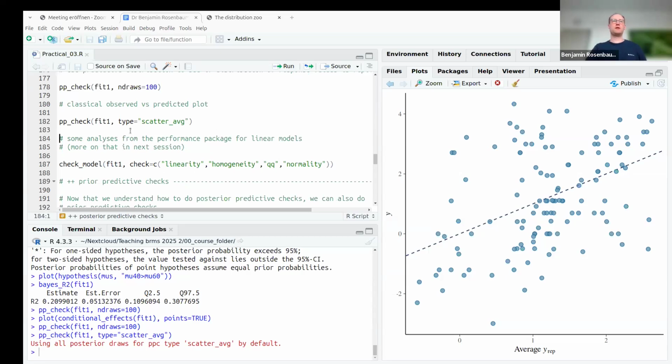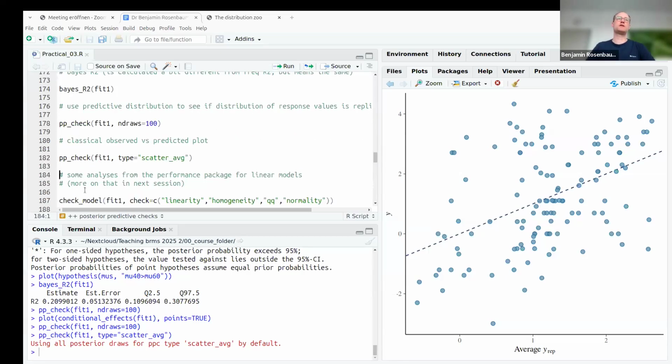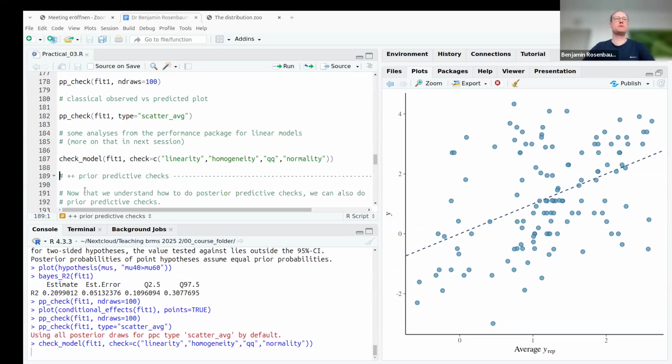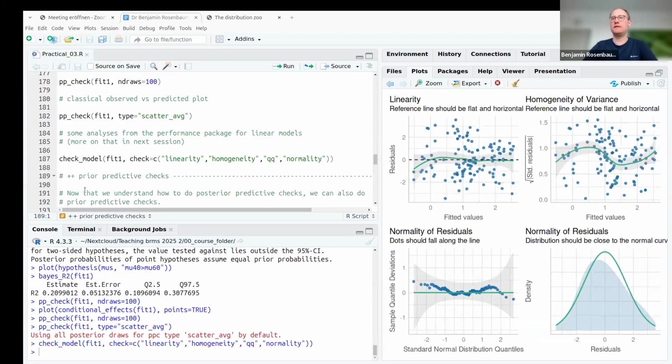So that's the classical things I would check with some functions from the brms package. But nowadays we have the performance package, which works quite nicely, at least for linear models in brms. And you get all these model analyses in one plot. These are the classical ones you should look out for, especially for linear models. Again, it doesn't look perfect here.